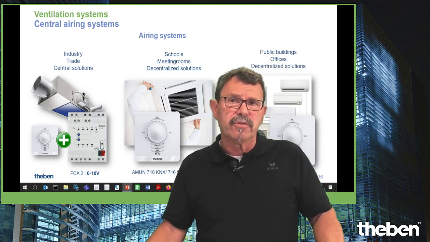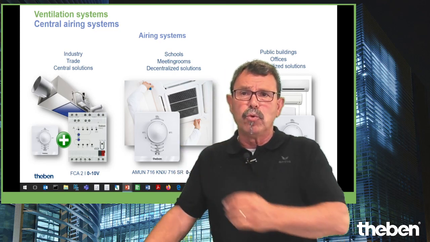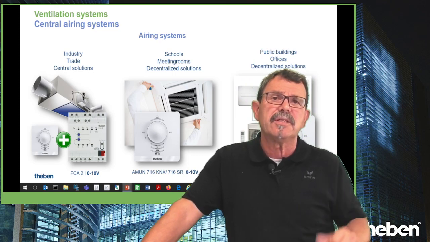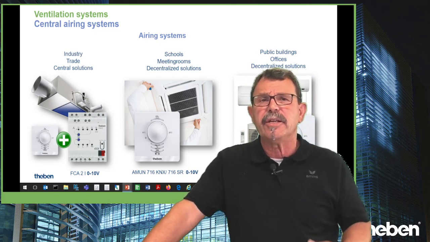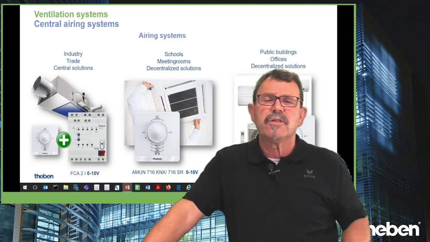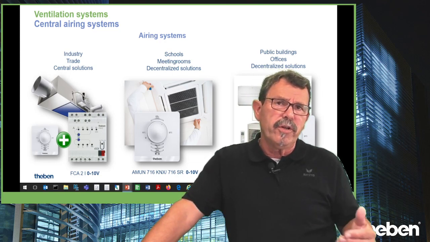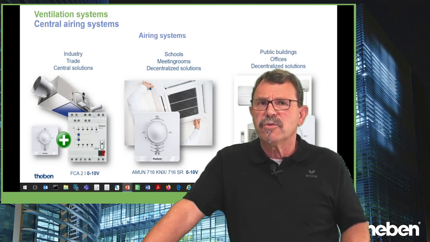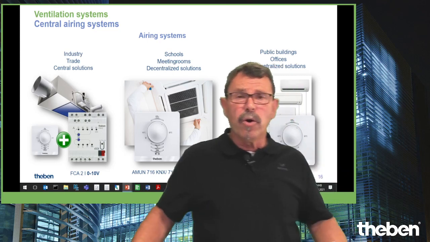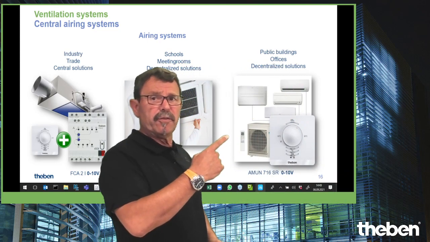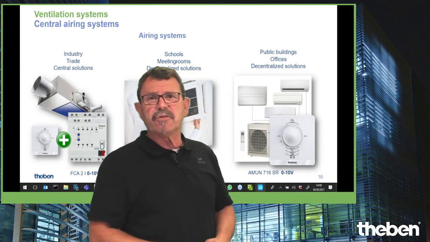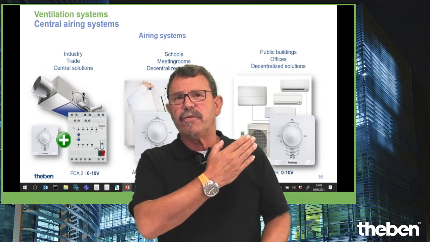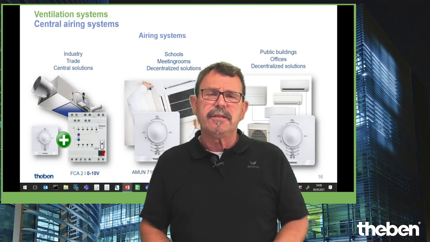This can be controlled by AMUN 716, but if you don't have any access, for instance, to KNX, to control from the KNX side, then we do have here a solution which gives you either 3 relays on-off, so in 3 stages fan control, or 0 to 10 volt, it's up to you. Or if we do have such kind of ventilation, mostly decentralized in front of a window, with AMUN we control the air quality management as well.